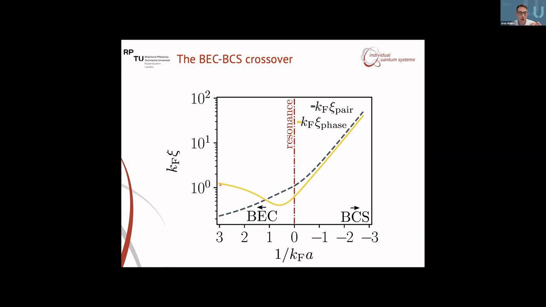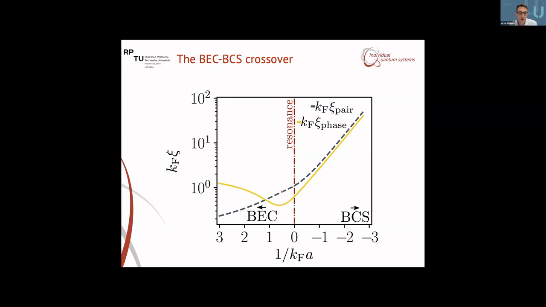If we now go towards the resonance, what you see is that this length scale of the wave function response gets smaller and smaller. At the same time, the molecular size or the pair size gets larger and larger. Just as you enter this classically forbidden region of the crossover, the two length scales exchange their role, exchange their relevance.